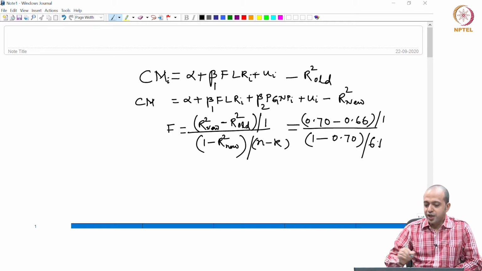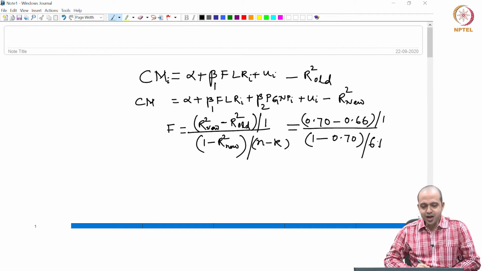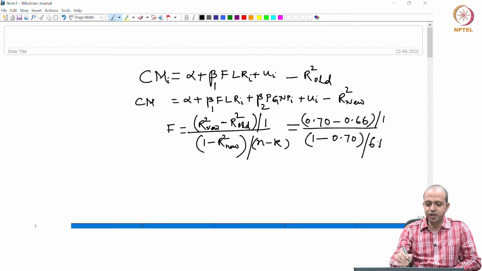Once you do that, you will get the calculated value of F, and that calculated value of F you have to compare with the tabulated value of F, which is available at the end of your textbook, for a specific level of alpha, let us say 1%, 5% or 10%. So, you can easily calculate.